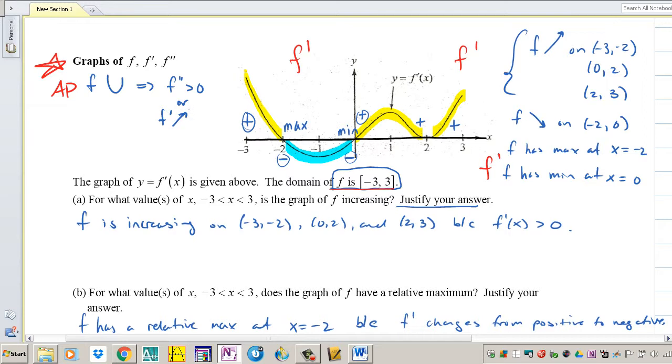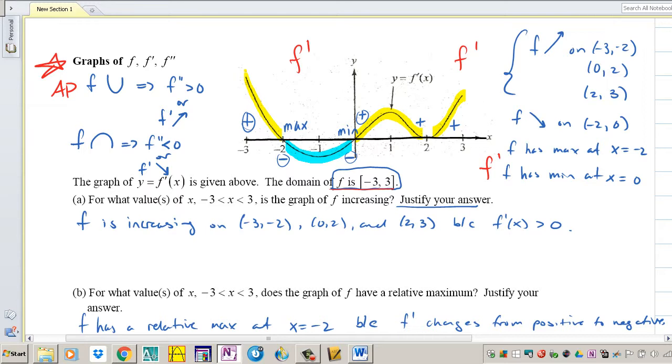It's different. Okay, if the derivative is positive, that means f is increasing, but if the derivative is increasing, that means that f double prime is positive, as you just saw what I just wrote there. F is concave down if f double prime is negative or f prime is decreasing.